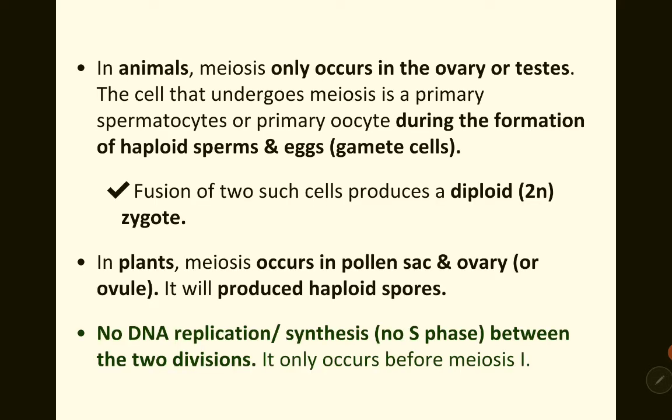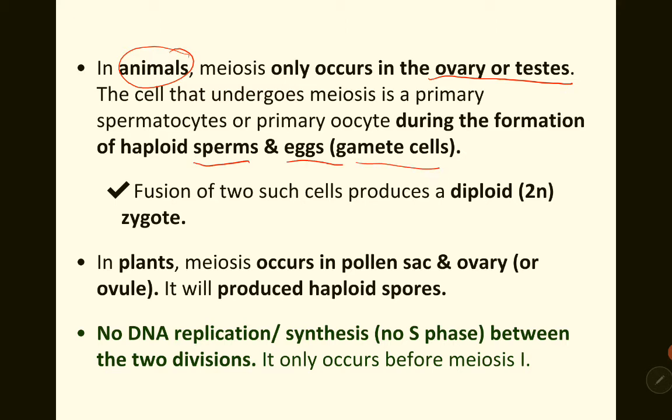So where does the process of meiosis occur? Meiosis occurs only in the ovary or testes for animals. The cell that undergoes meiosis is a primary spermatocyte for male or primary oocyte for female, during the formation of haploid sperm and egg, which are the gametes.